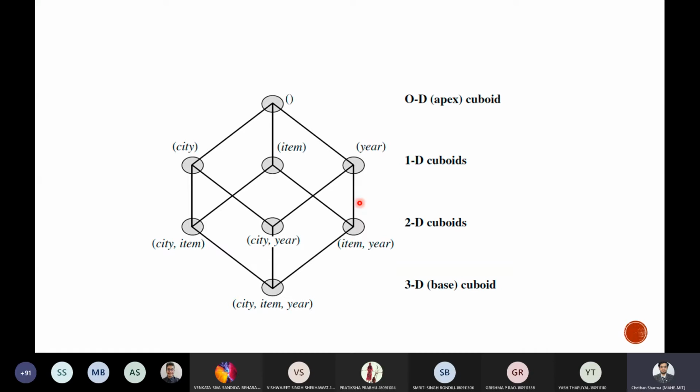If you have SQL queries like this, which contain no group by at all, that is your zero-dimensional operation. And if your SQL query contains one group by operation, such as compute the sum of sales group by city or group by item or group by a particular year, such operations are referred to as one-dimensional operations.